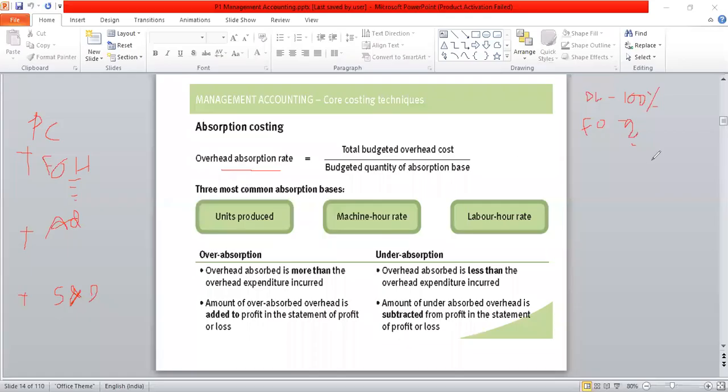So the overheads can be charged more in amount or charged less in amount. Over absorption is when the overhead absorbed is more than the overhead expenditure incurred.